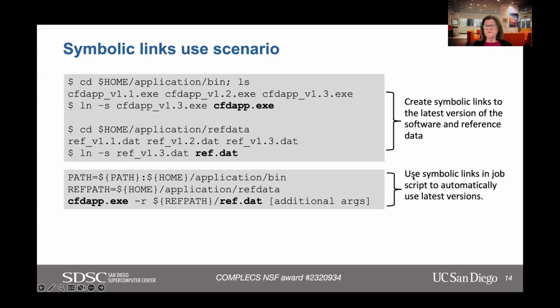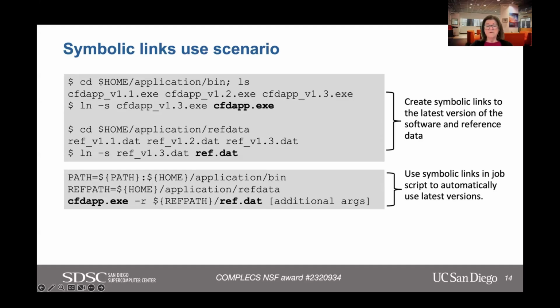Now here we envision using symbolic links inside of a configuration file, and or setting some paths in the runtime environment. And I'll talk about both of those scenarios later, but we've defined our path. In Unix, there's the path. Remember, you could do echo $PATH and see your whole path. But you can add to the path this location to the application bin, and a reference path would be to the reference data.